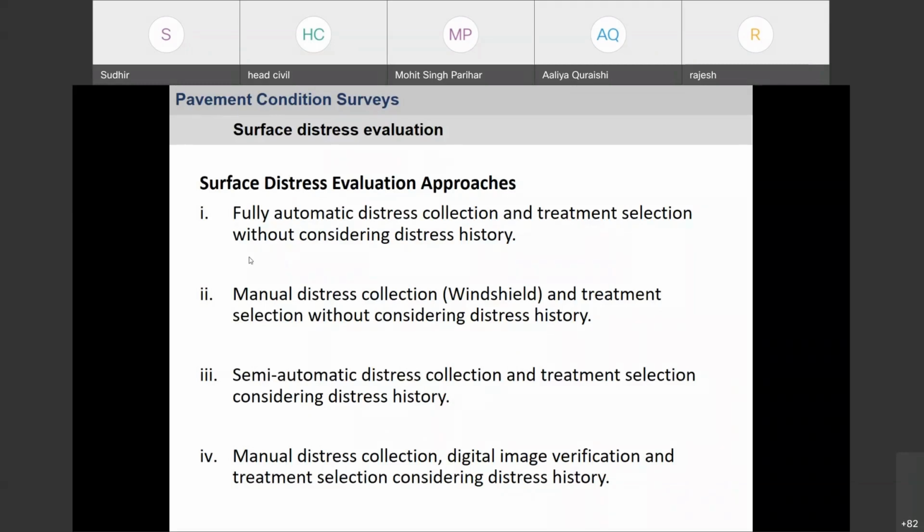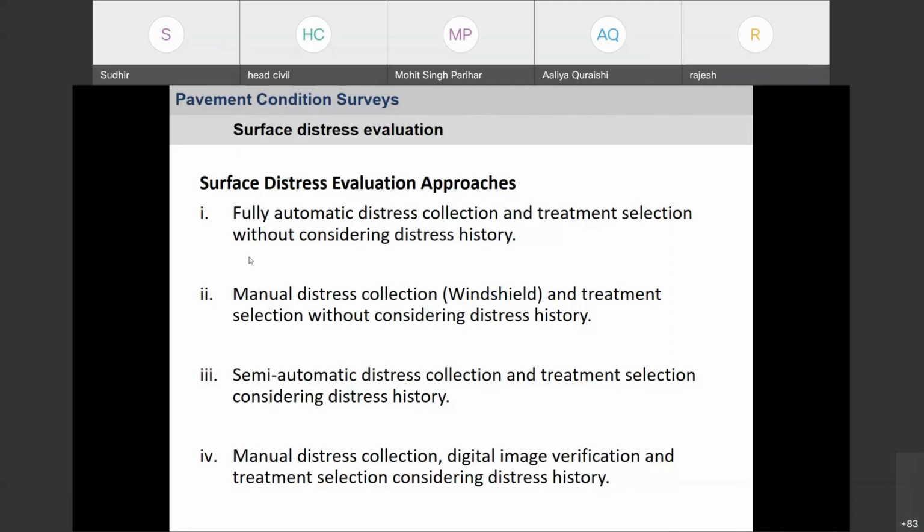Okay, there is additional information when you're looking at distress history, which is basically the evolution, or the rate at which the distress is evolving over time. Okay. Now, the last category that I have put here is manual distress collection.